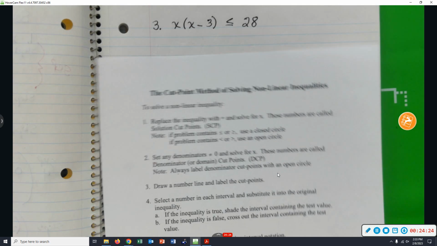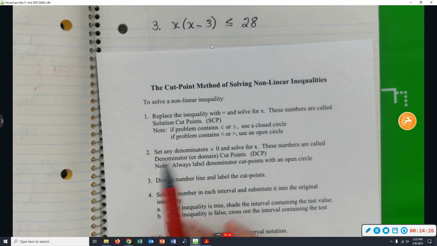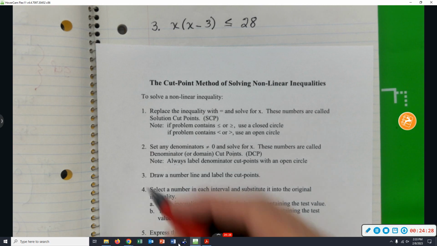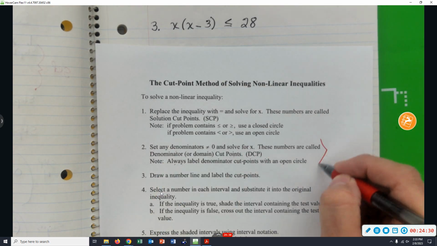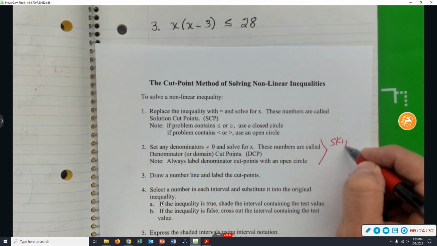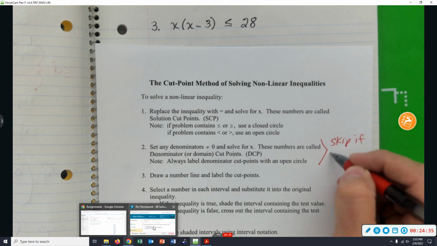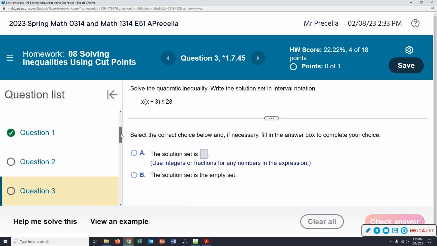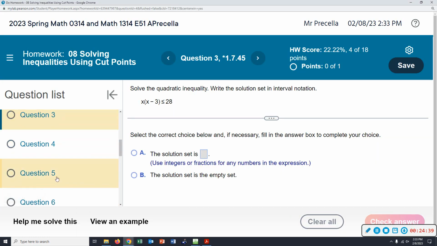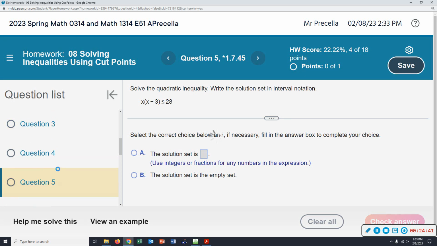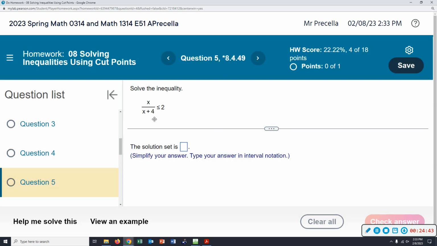Are we going to have to skip the second step here? Once again, I agree. Now, you know what, let's write on here. Generally, skip if no fractions in the problem. When I'm teaching this class by myself, I start at number 5. That's the first example I do.